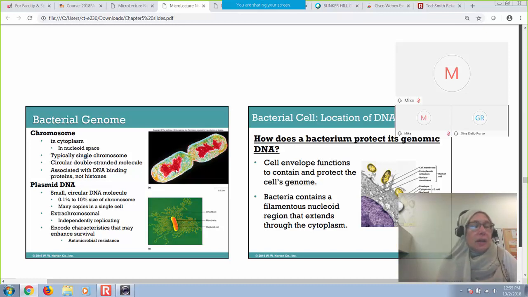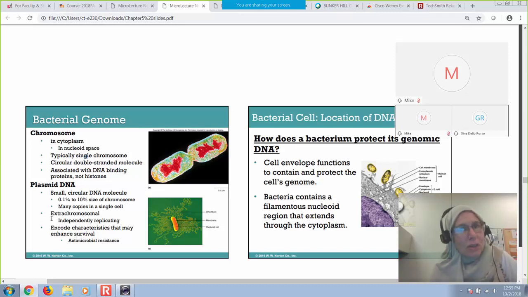Turns out in bacteria there's another type of DNA that's not found in human cells, for example, called plasmid DNA. And plasmid DNA is extrachromosomal. By that I mean it's not part of that set of genes that is required for the bacteria to reproduce. So they can actually lose the plasmid DNA and they can still survive.